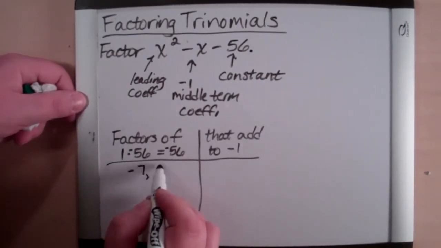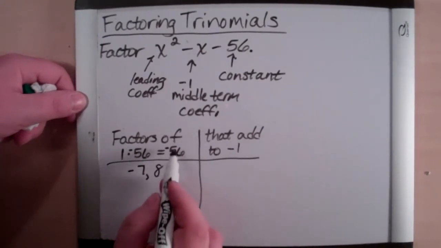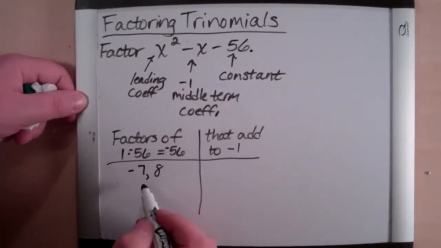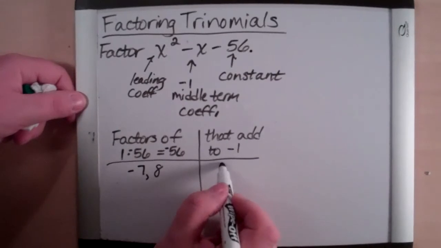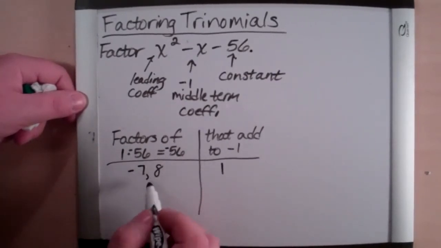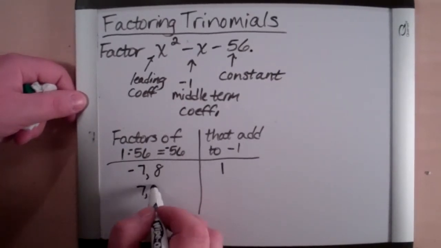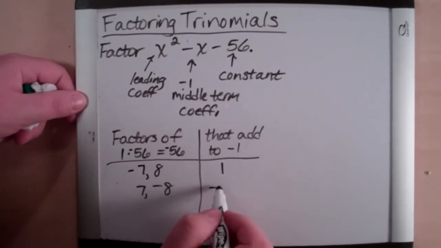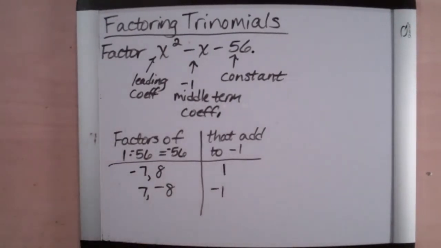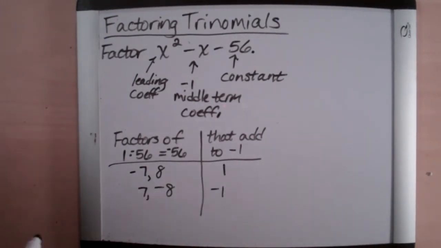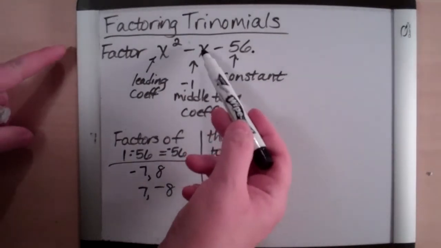So if I try negative 7 and positive 8 as my factors of negative 56, well, when I add them together, I only get 1. So I've got the signs in the wrong order. So I'll have 7 and negative 8, which add to negative 1. So now I know what my coefficients are going to be when I break up this middle term.